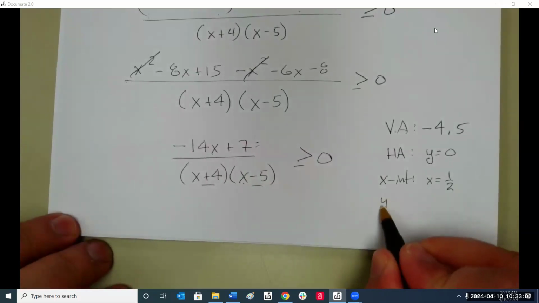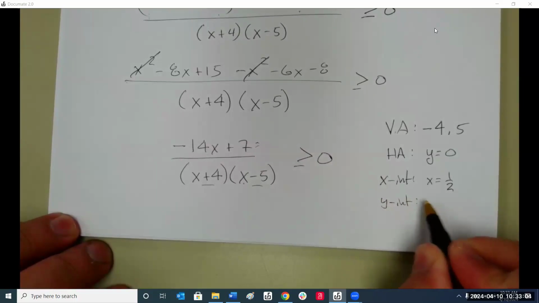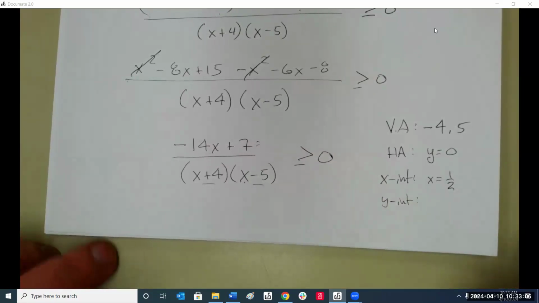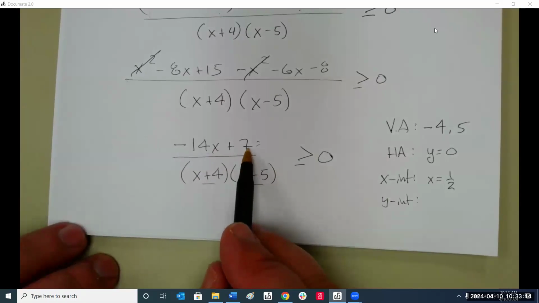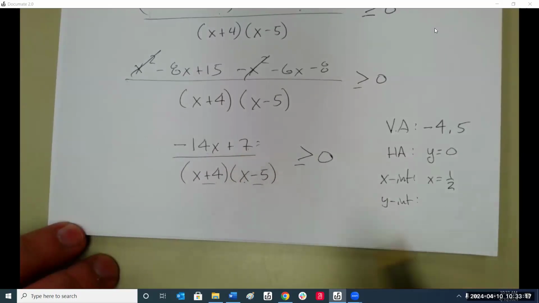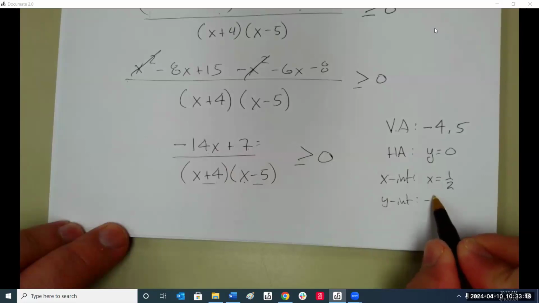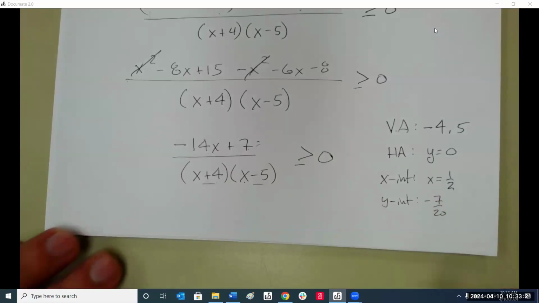What's my y-intercept? Set all the x's equal to 0. So you have 7 on top, 7 over -20. So it's -7 over 20.